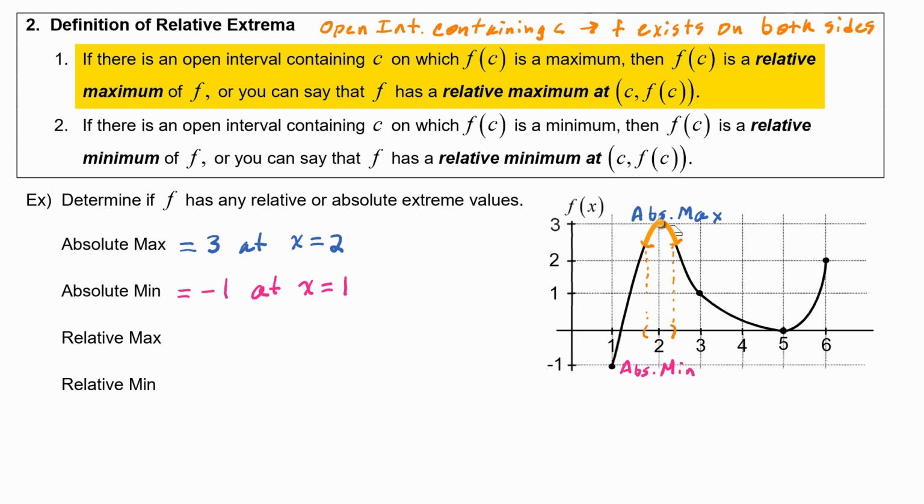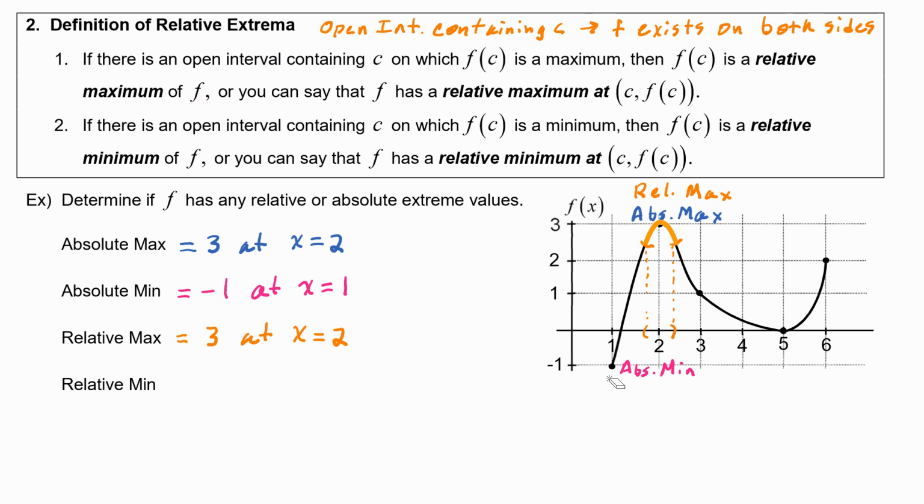And on this open interval here, this y value is the max, so that means this is also a relative max. So the relative max is equal to 3 at x equals 2.